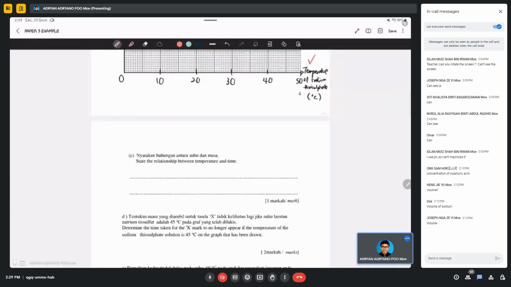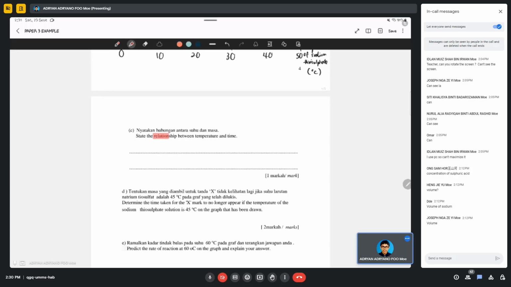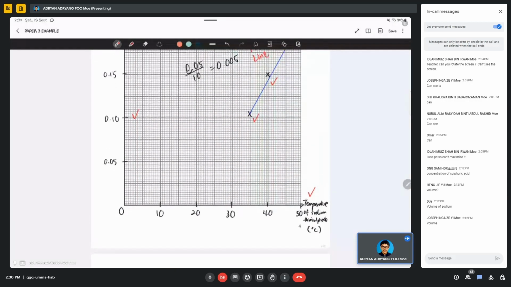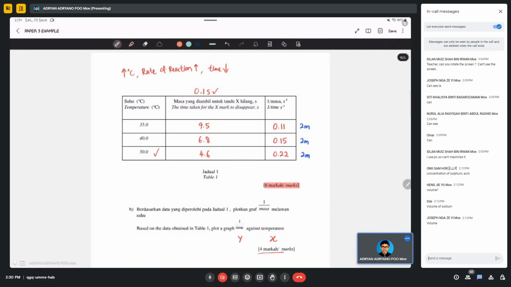Okay, there we see the question: state the relationship between temperature and time. Whenever it is a relationship, you don't say things like directly proportional or inversely proportional as in physics, where you must interpret from the graph. But for chemistry, when they say relationship, think of the higher the MV, the higher or lower the RV. Here I know that from my graph, or you can also look at my table, as my temperature increases, what happens to my time taken?